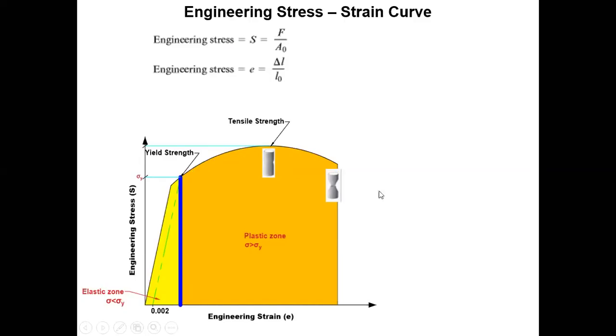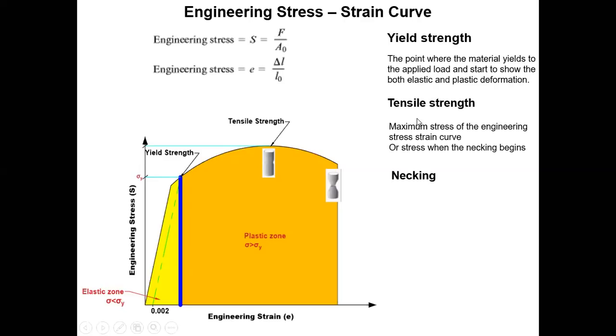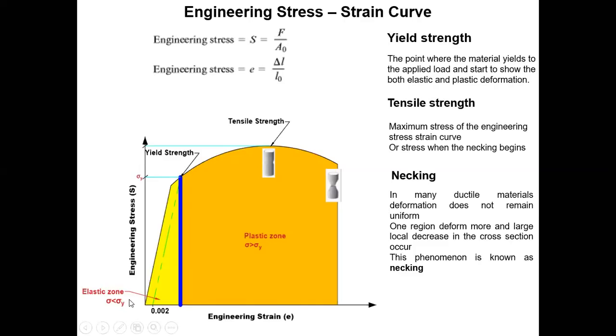So you can use this graph to identify very special features or very special characteristics of a particular material, right? So we will go one by one, right? So here you will start loading. You convert it to stress and strain.